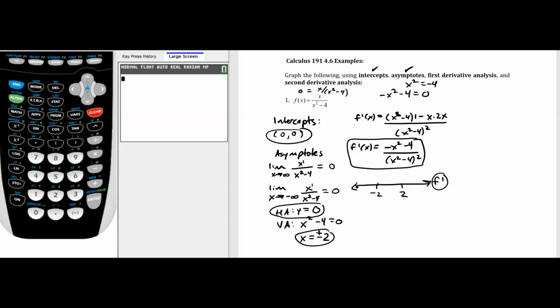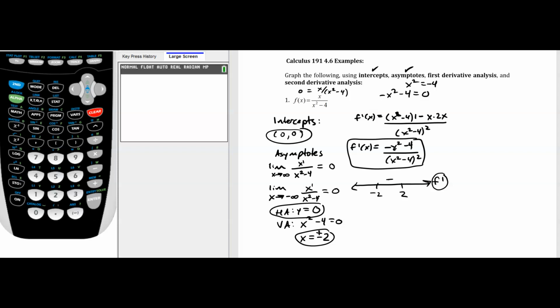Then I'm going to take a representative value from each one of these intervals and I'm going to substitute into the derivative. The easiest value to always substitute is probably 0. So if I plug 0 in, you can see that my numerator is going to be negative, my denominator is going to be squared, so my denominator is going to be positive, and so this is going to be negative. Now, actually, if you think about it, isn't your numerator always going to be negative?